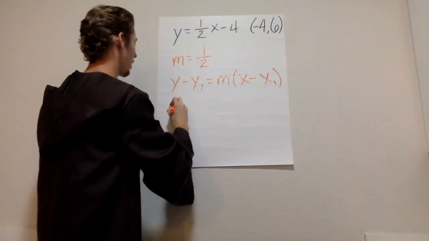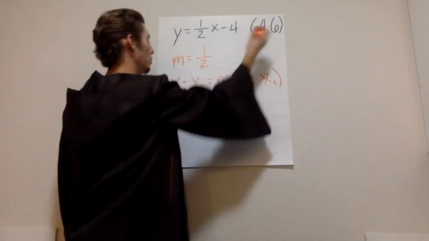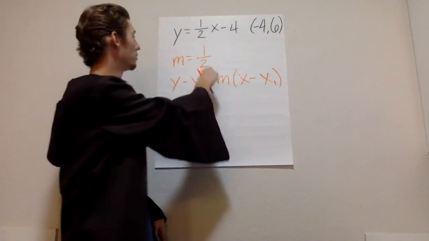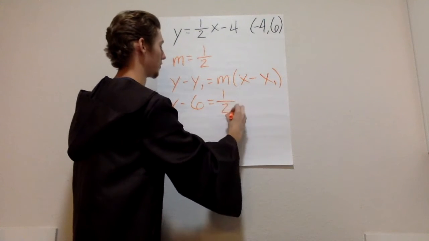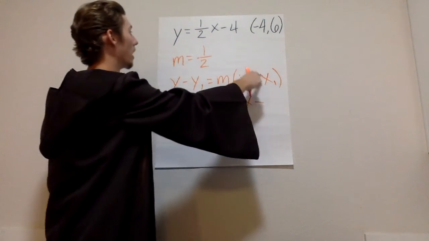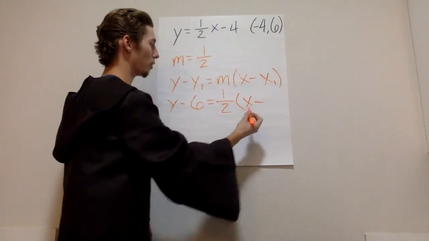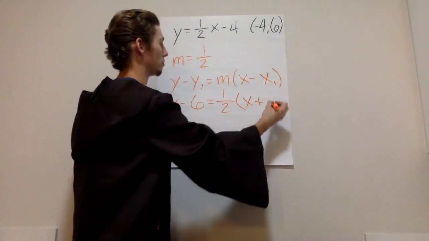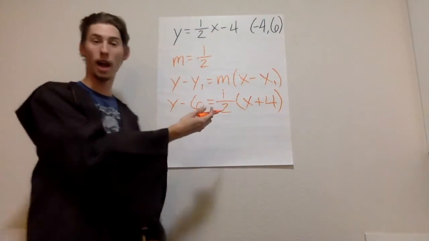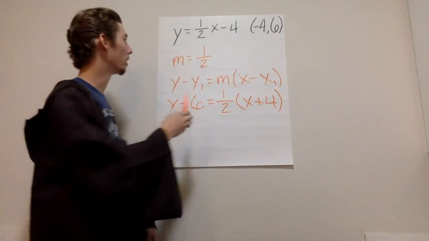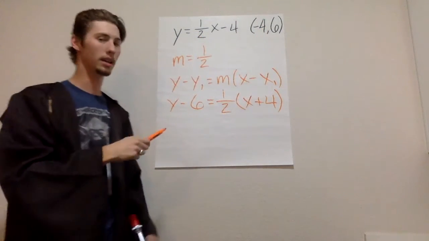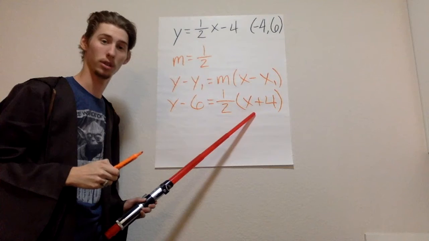So we've got y minus y1, which is 6, so minus 6, equals m, which is the slope 1/2, times the quantity of x minus x1, which is -4, minus a negative makes this a plus 4. And there you have it, the equation that is parallel to this line going through that point in point-slope form.